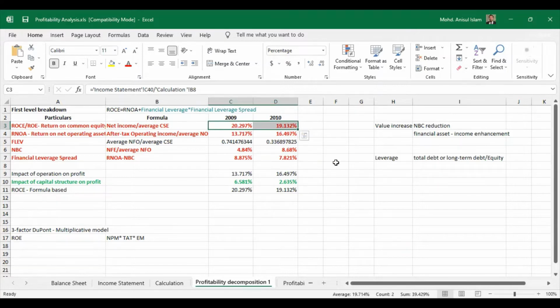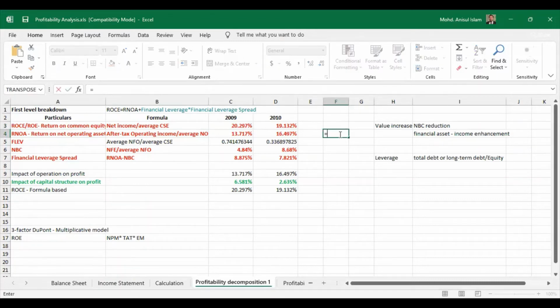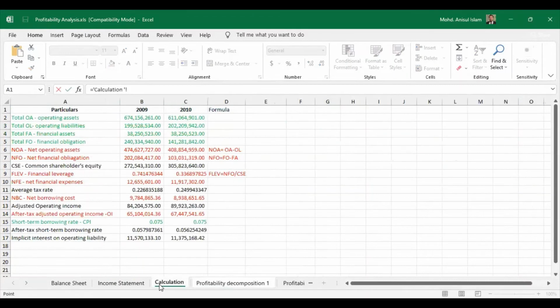First of all, we need to determine the return on net operating asset. From the name, you can immediately recognize what we want to see. Okay, so how can we get the return on net operating asset? We get it if we take the after-tax adjusted operating income.